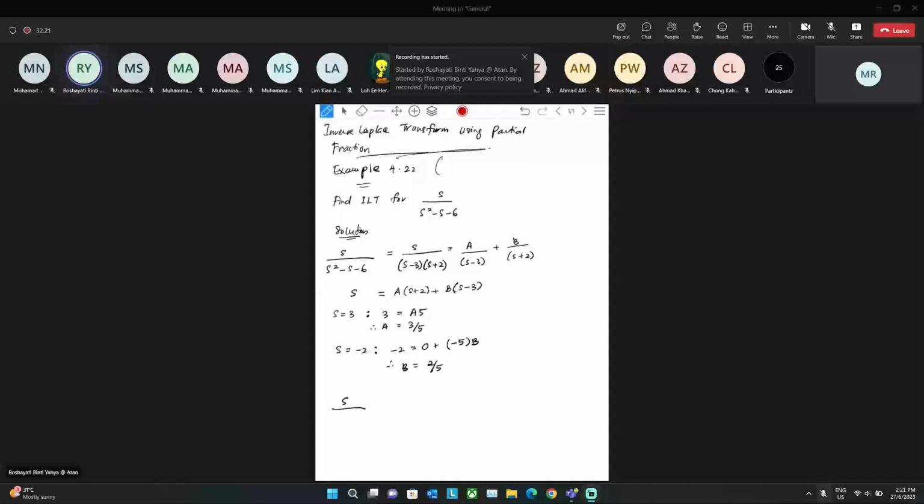Then s over s squared minus s minus 6 equals, substituting back your A and B, where A equals 3 over 5 and B equals 2 over 5, 3 over 5 times 1 over s minus 3 plus 2 over 5 times 1 over s plus 2.